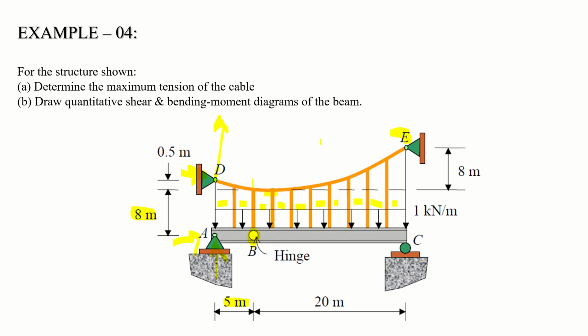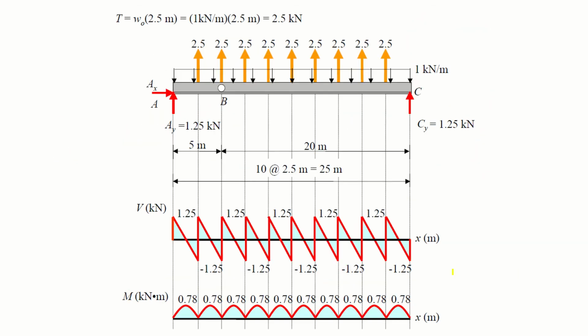So there are 10 spacings and the total vertical load is 1 multiplied by 25. 25 kilonewton is acting downward, right? And I want to divide it in 10 equal parts, so 25 divided by 10 gives you 2.5. So 2.5 is the amount of load that each hanger is carrying, right?